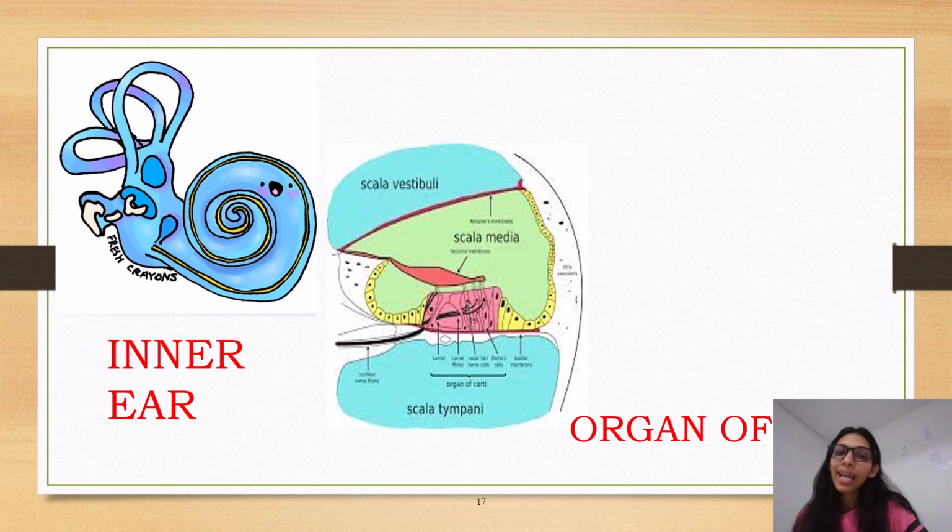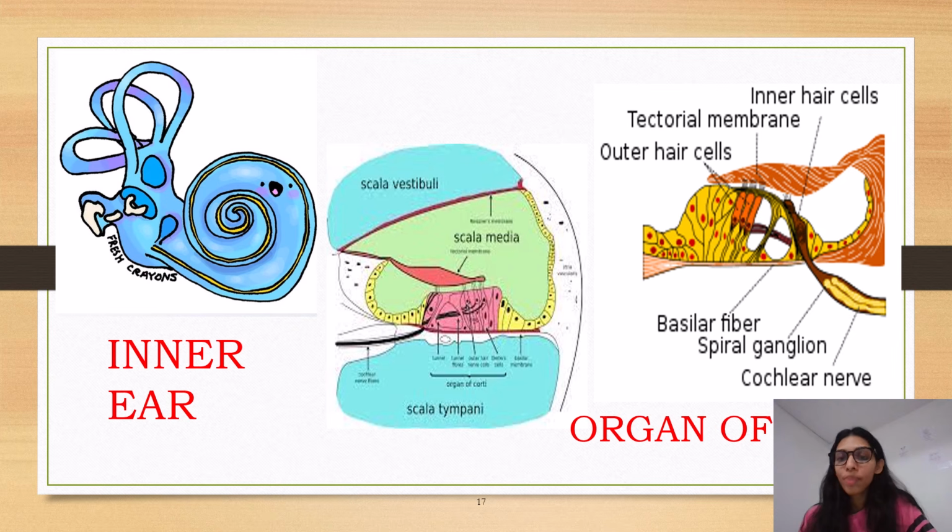If you see, the scala vestibuli and the scala media are separated by a membrane called Reissner's membrane, whereas the scala tympani and the scala media are separated by the basilar membrane. And on top of this basilar membrane, we have the organ of Corti, which holds the major sensory portion of our hearing system, which is the hair cells.